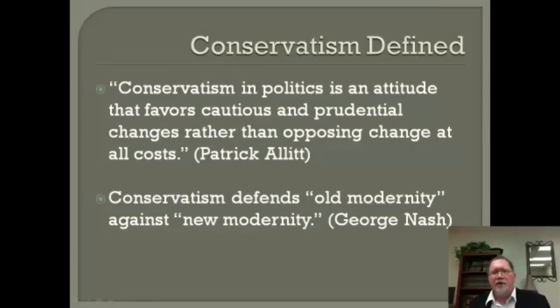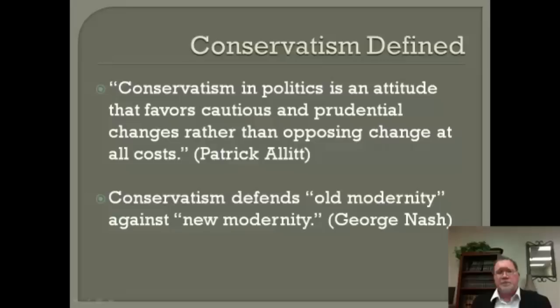Here are a couple of other scholars making comments about conservatism. Patrick Allitt, professor of history at Emory University, says this: conservatism in politics is an attitude that favors cautious and prudential changes rather than opposing change at all costs.